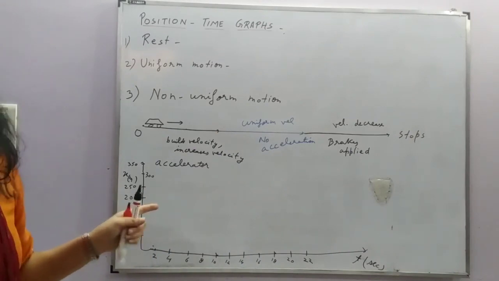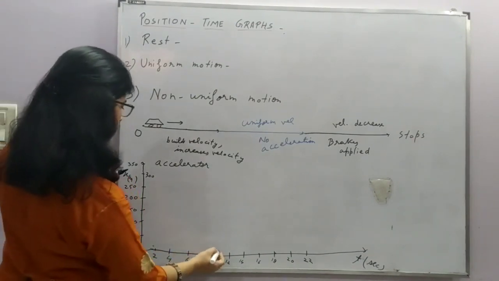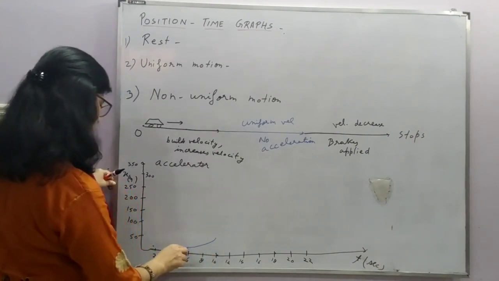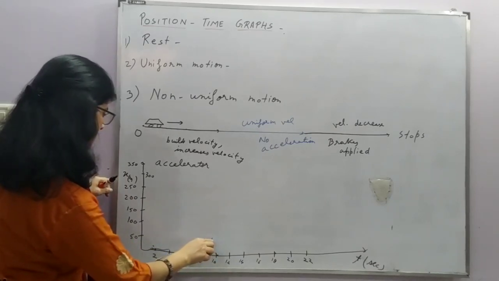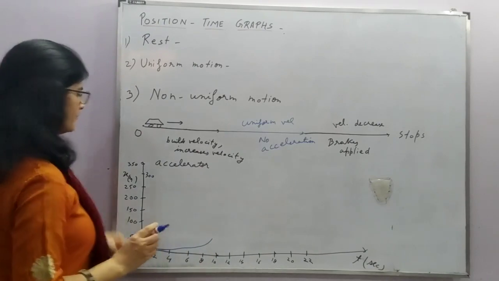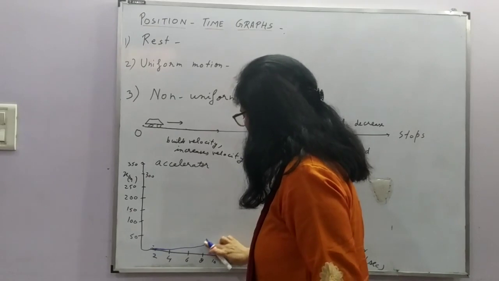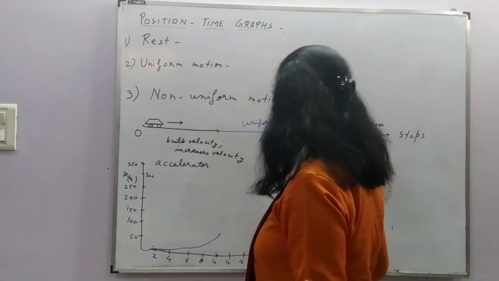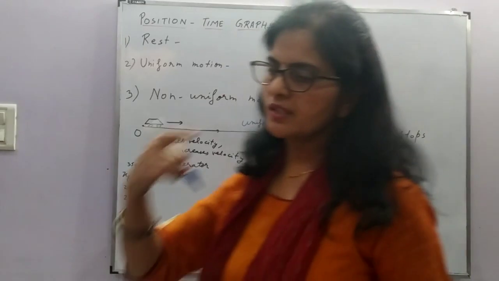So 0 to 10 seconds it is accelerated because the speed is increasing and reaches around 50. So here it started. This is a kind of curve, right? And then after, it had some uniform velocity, till 18 seconds.